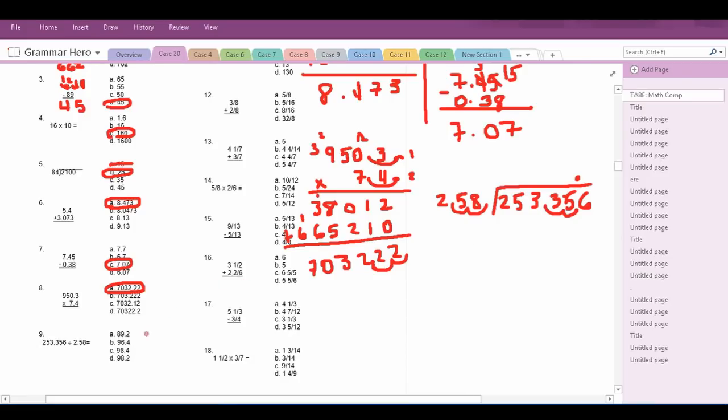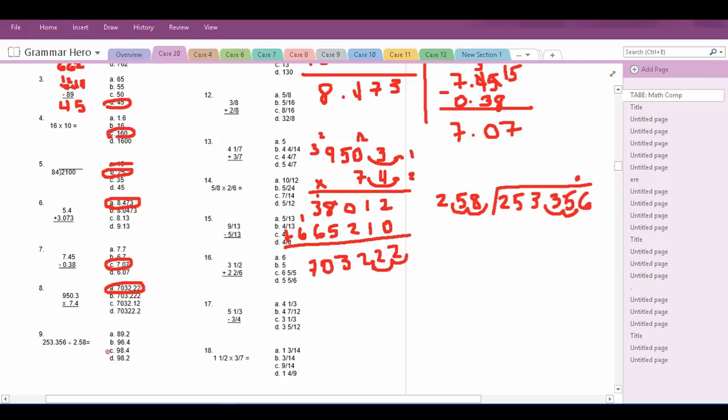Now, if you look at our answer choices, you can see that we have a few: 89, 96, 98, 98. Now, I like to do the least amount of work possible, so I multiply the answer choices by the divisor, the number we're dividing by, to find which one is correct.